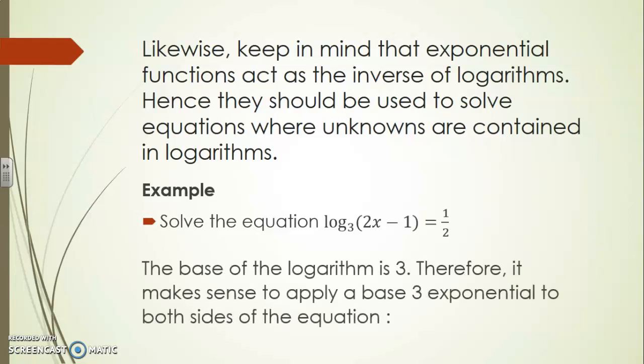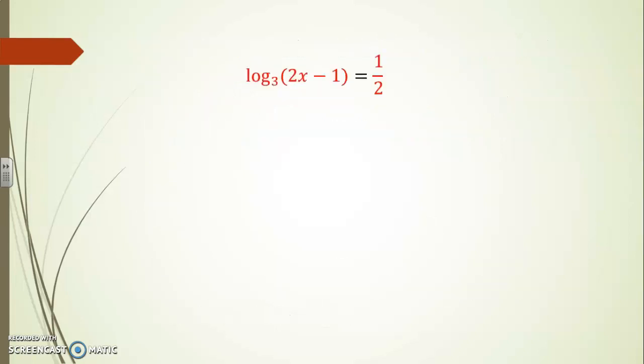Now, since the logarithm is in base 3, it would make sense to apply a base 3 exponential to both sides. So once again, here are two expressions that we are assuming are equal, and therefore if we use both as the exponent of 3, their equality will be maintained.